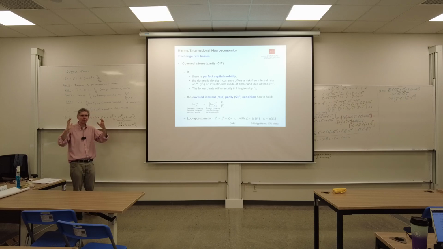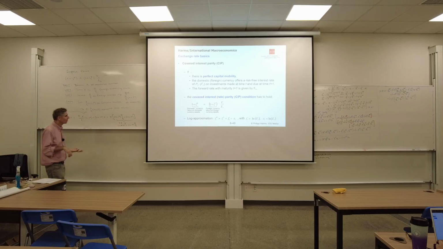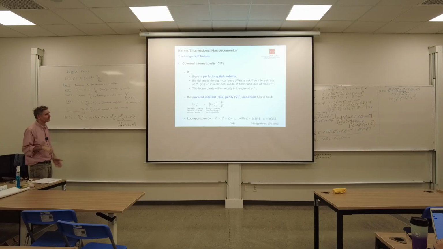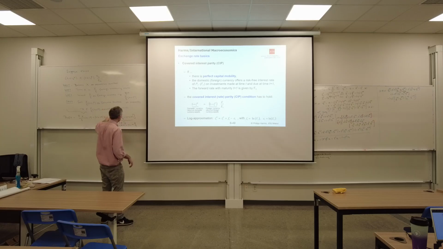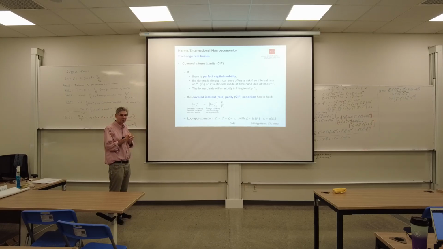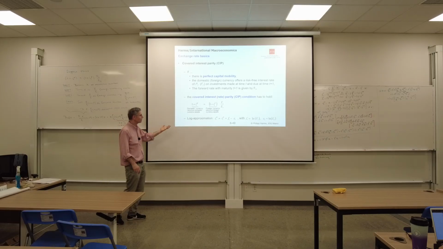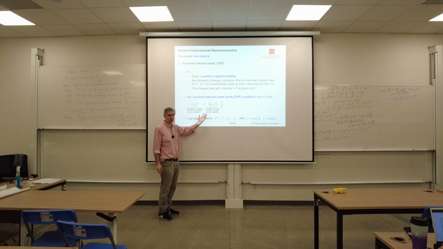Just imagine a window and everybody wants to jump out of the window. 1,000 people, then it will be clogged. So the logic behind covered interest parity is that such a situation like the one that I'm describing here doesn't prevail for too long. It'll probably go away. And then the equilibrium should look like this.